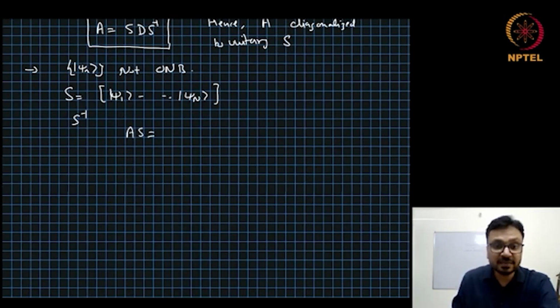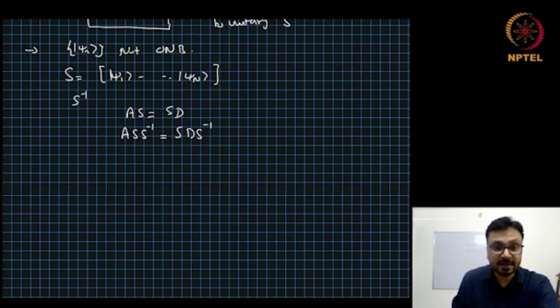So AS equals SD did not require any information about the unitarity of S. Here, if we multiply with S inverse, we get A equals S D S inverse.